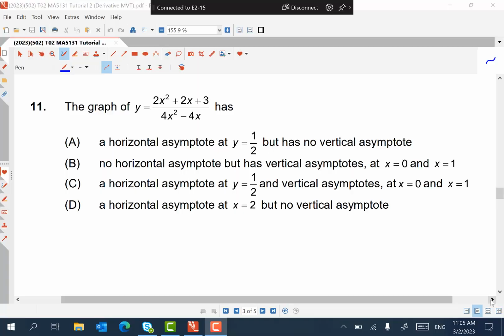Tut02 number 11. Do you know that whenever you want to find asymptotes, there are just two steps you need to do? Step 1 is to put the denominator to 0.